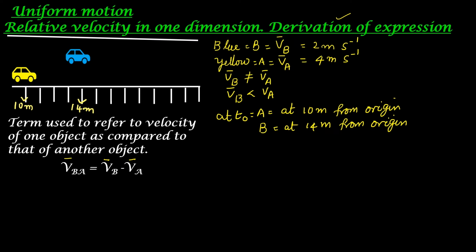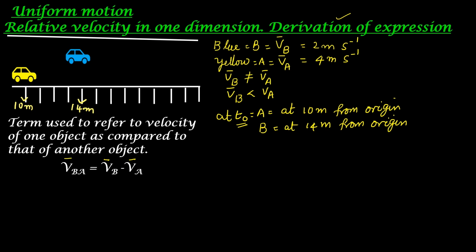What do you understand from this? We understand that B is 4 meters ahead of object A, but the velocity of object A is greater than the velocity of object B. So, what is their relative velocity? What is the relative velocity of B with reference to that of A? That is, what is VBA?